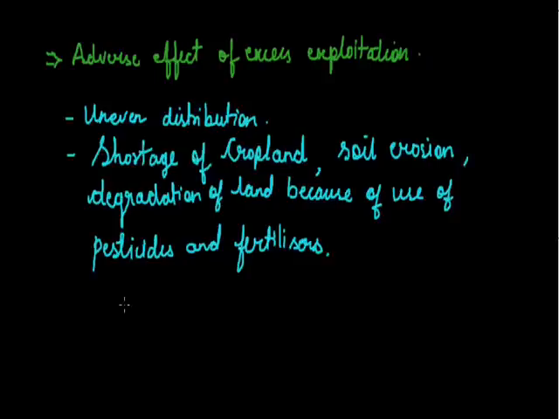So all these adverse effects are ultimately going to affect human beings only. So what is required here is that with the limited availability of land, we should be using it in a proper manner and utilizing all its capability to its extent and not spoiling its quality.